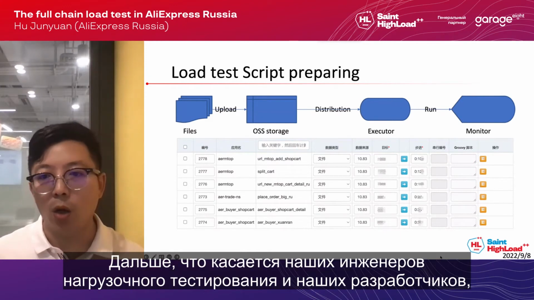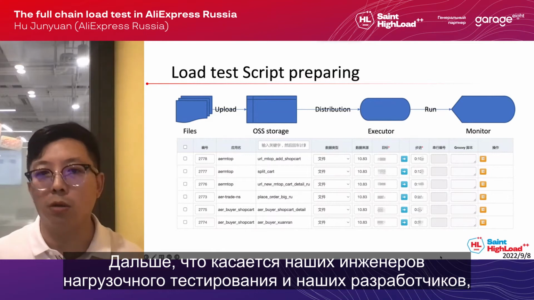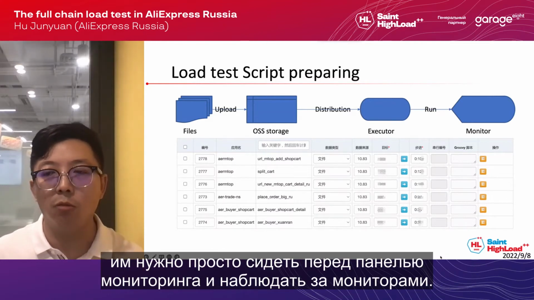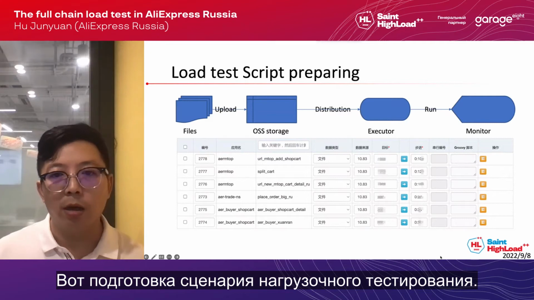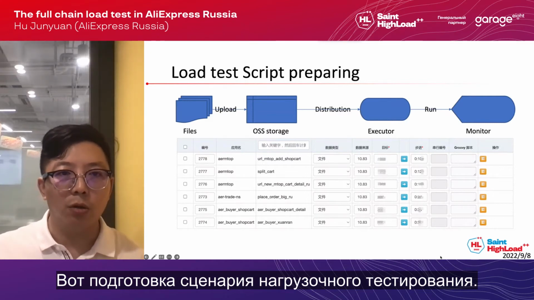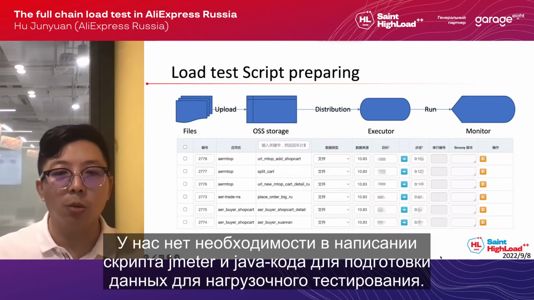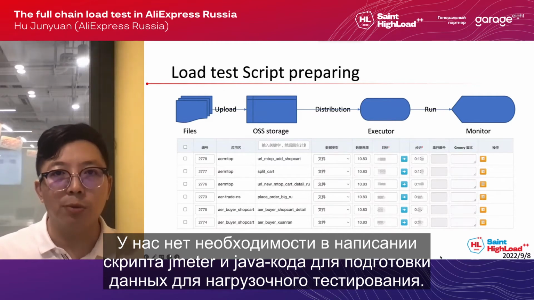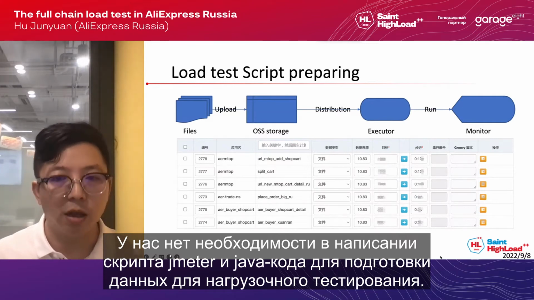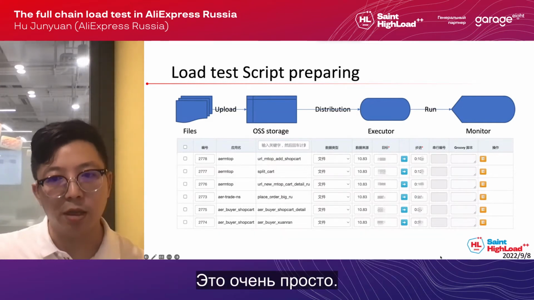Then our load test engineers and developers just sit in front of the dashboard to observe the monitors. Here is the load test script preparing. So there is no need for JMeter script writing and Java code writing for the load test data preparing. It is very easy.